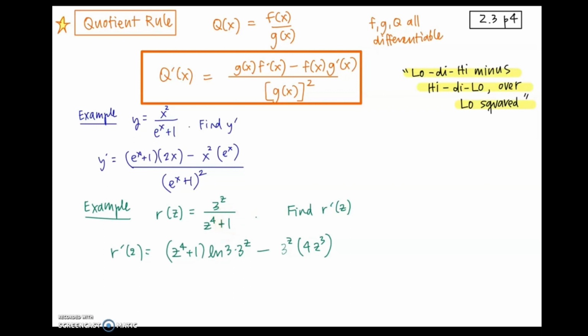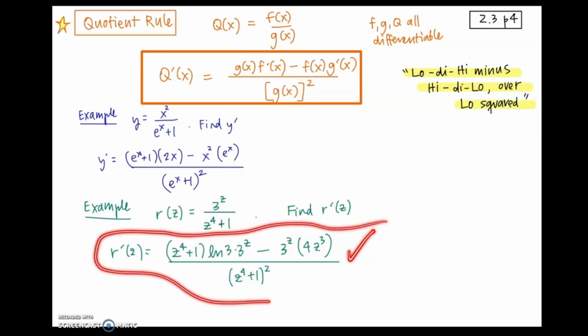Okay, so we've got the top part of our derivative, and then all of this is going to go over low squared. So z to the 4th plus 1 squared. So again, not super pretty, but you've just found the derivative of this quotient, and we could use that to do a lot of different things.